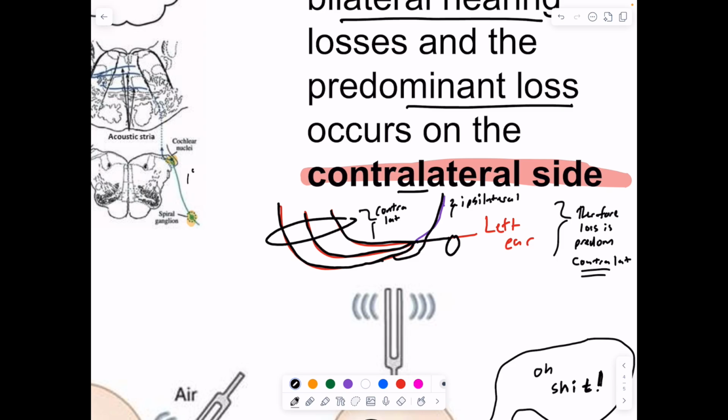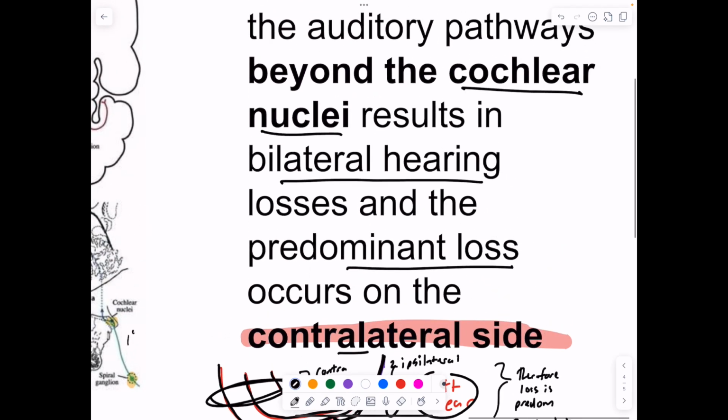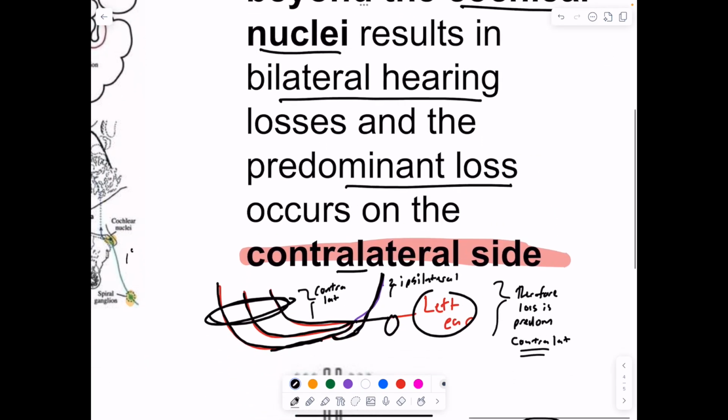So from, say, the left ear, you have one pathway ipsilaterally from the ventral striae, and all of the other pathways are contralateral. So if you have an issue that is past the cochlear nuclei, it's going to be bilateral, but mostly on the contralateral side.